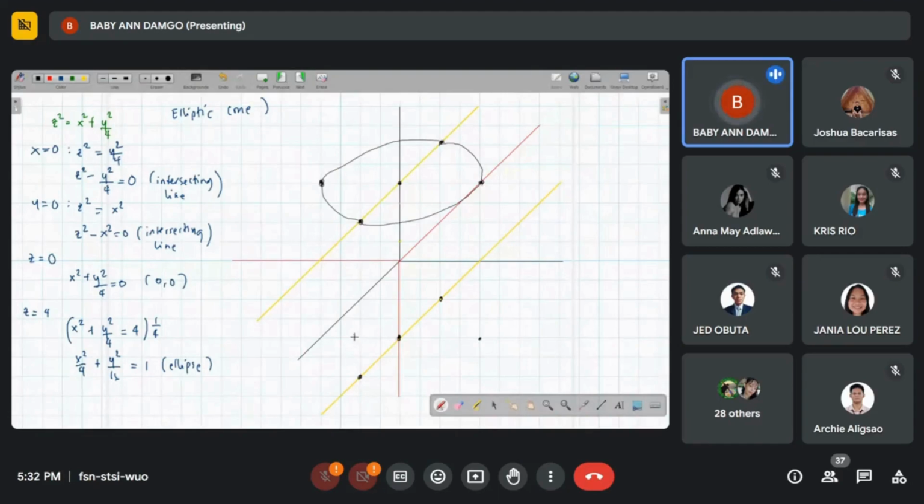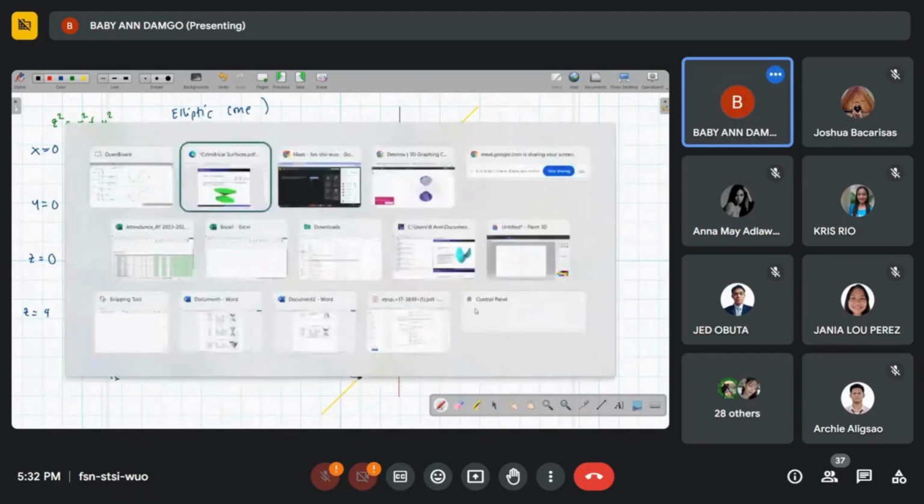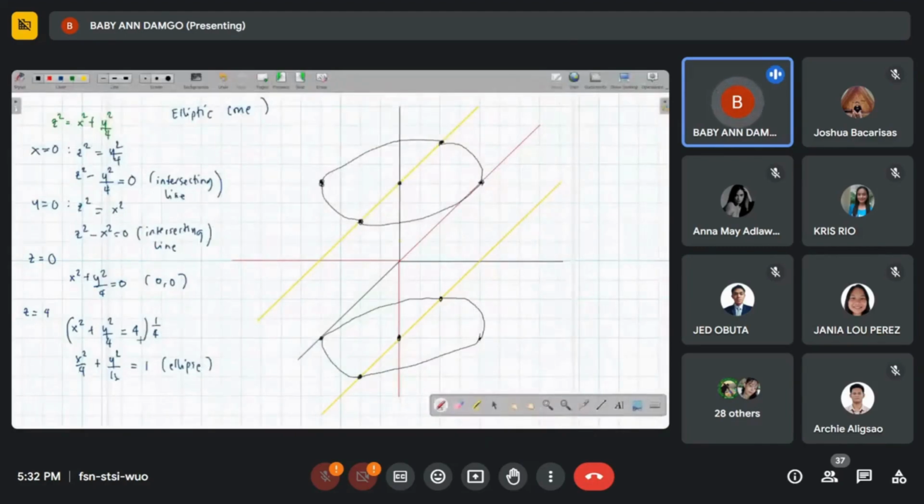So mag-create ra dyan mo og imaginary. So mo na mo gamit ta og graphing para mas klaro siya. And then even ang iyang distribution sa coordinates. Okay. So now, so okay na ni siya.